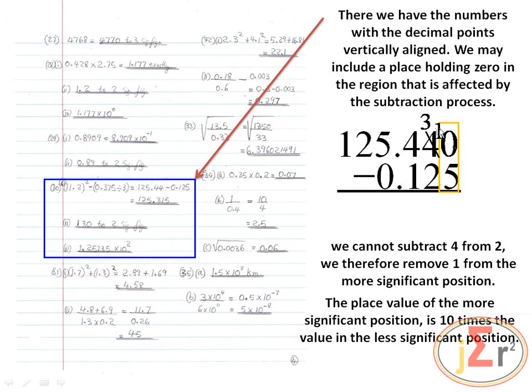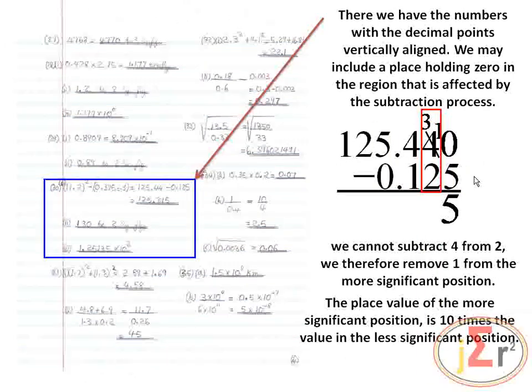So this one is taken over here as 10, and then we say 10 plus 0 is equal to 10. So we are actually taking 5 from 10. So 10 minus 5 is equal to 5.